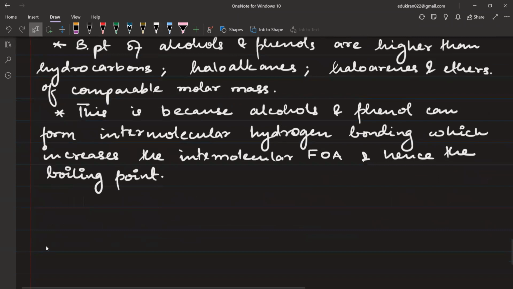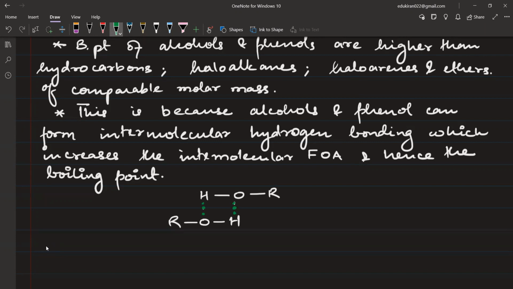Okay, so you can show the intermolecular hydrogen bonding something like this. So we have this one alcohol. So these are the hydrogen bonds. You can write it like this.